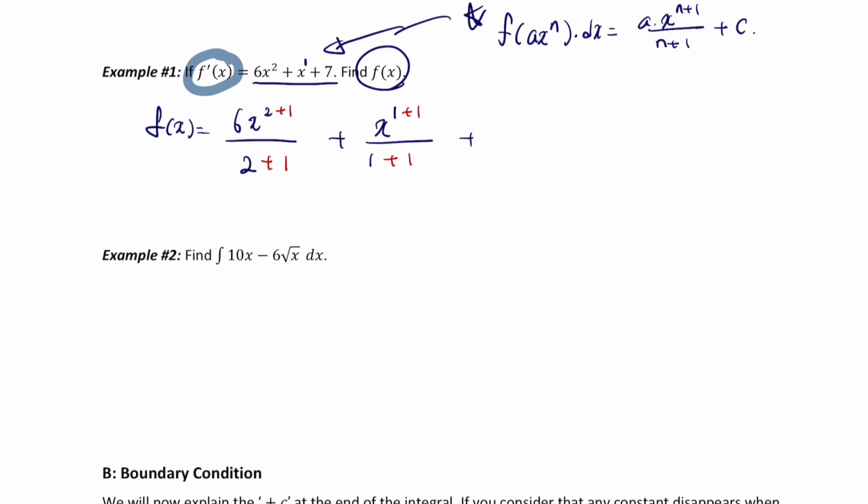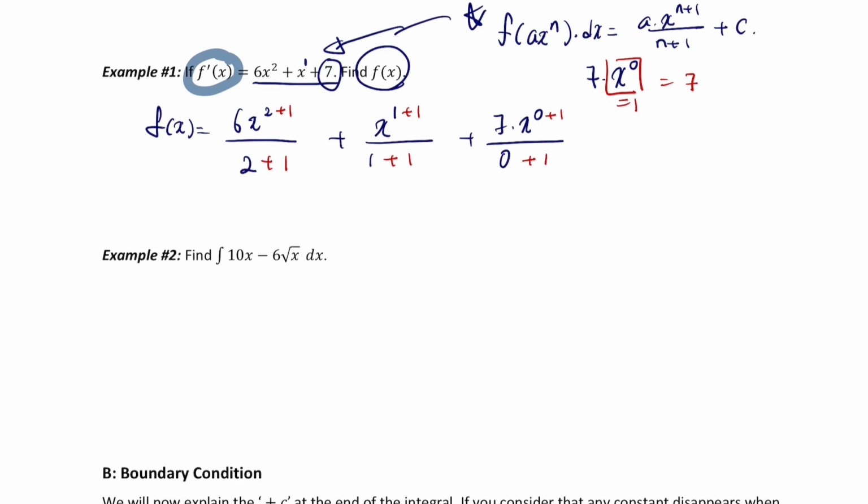And the 7 is actually the same as x to the power of 0, right? So x to the power of 0 is equal to 1, and so 7 times x to the power of 0 is equal to 7. So we can rewrite that 7 as 7 times x to the power of 0, add 1 to the power and divide the whole thing by the new power.